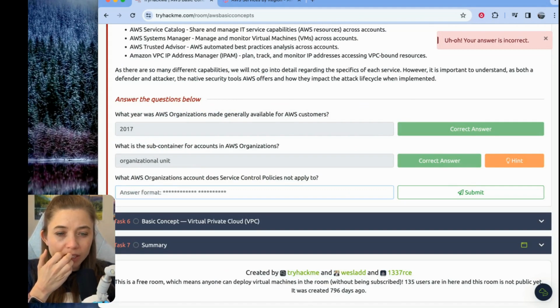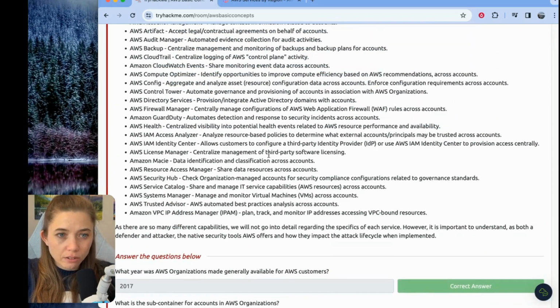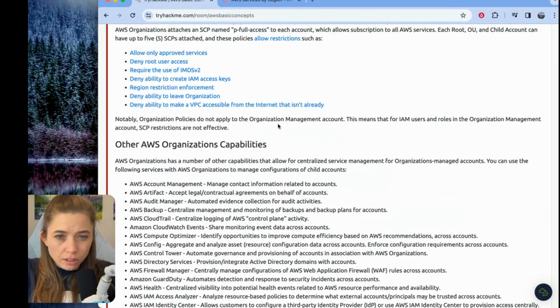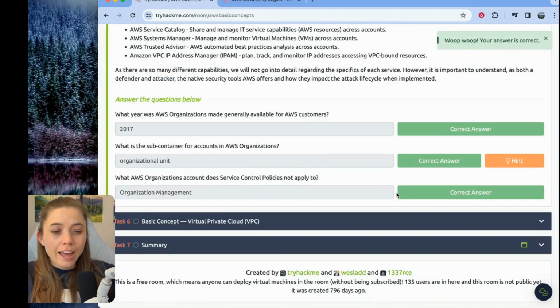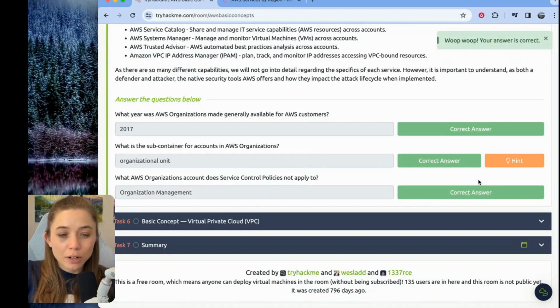What AWS Organizations account do service control policies not apply to? Okay, organization management, I bet, is what we're looking for here. Sorry you had to see me struggle. Let's see if that's correct. Excellent. So I'm going to take a break here and then I'm going to come back and tackle task 6.